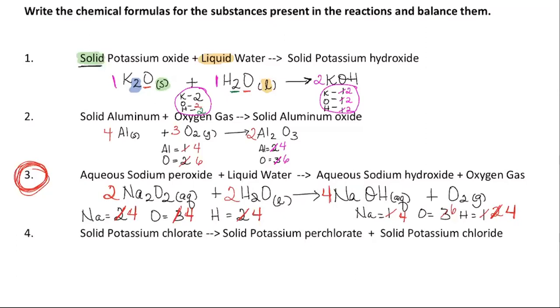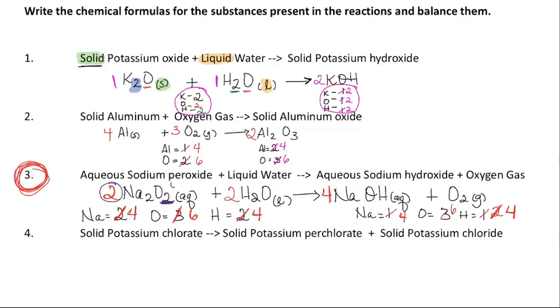when I look at my oxygens, instead of 4 overall, I have 6 of them overall. How do I have 6? Let me just make some markings here. This 2 gets distributed or multiplied with this 2.